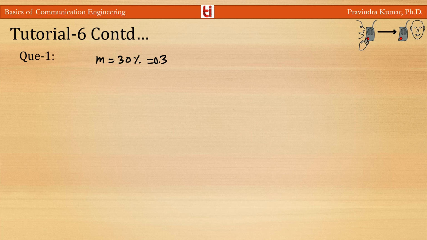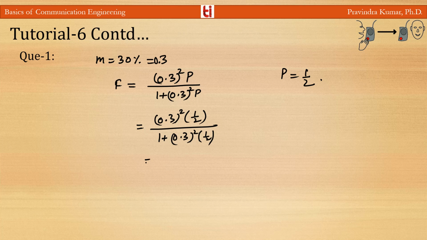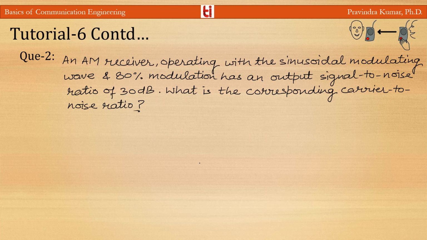And now the figure of merit will be 0.3 whole square P upon 1 plus 0.3 square P. So for the single tone, P is 1 by 2, so it will be 0.3 whole square into 1 by 2 upon 1 plus 0.3 whole square into 1 by 2. So it will be equal to 0.04306.